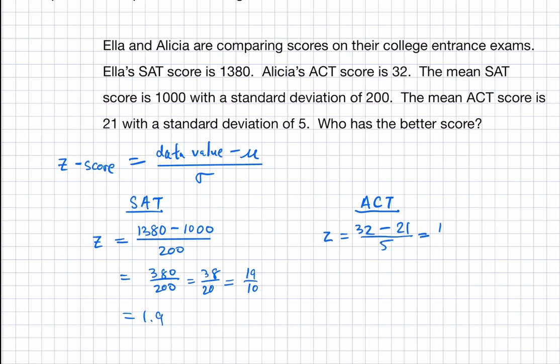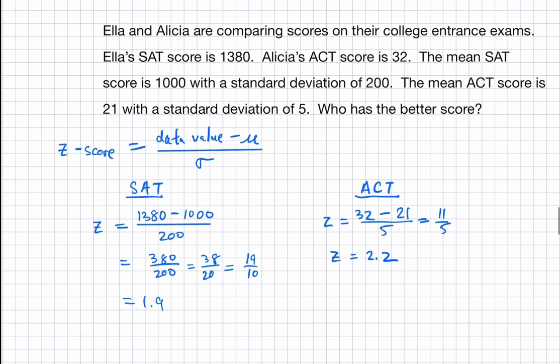And that works out to 11 divided by 5, which means my z is 2.2. Okay, so since 2.2 is greater than 1.9, this means that Alicia had the better score.